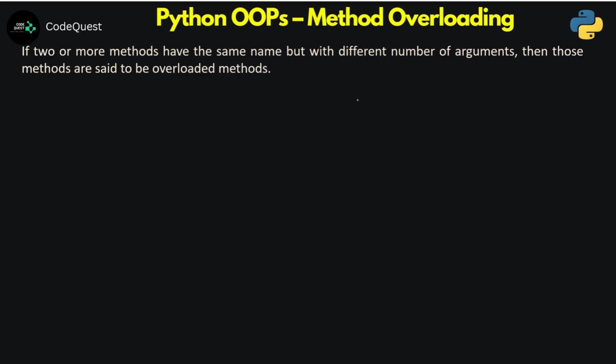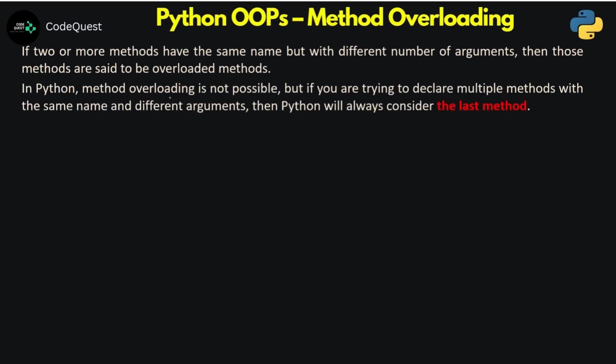But the only method which will be considered is the last defined method. So method overloading is not directly possible, but if you try to declare multiple methods with the same name and different arguments, then Python will only consider the last defined method.